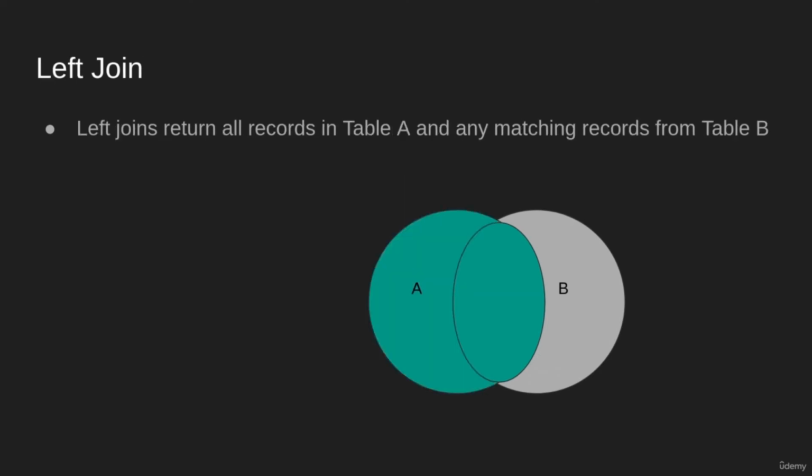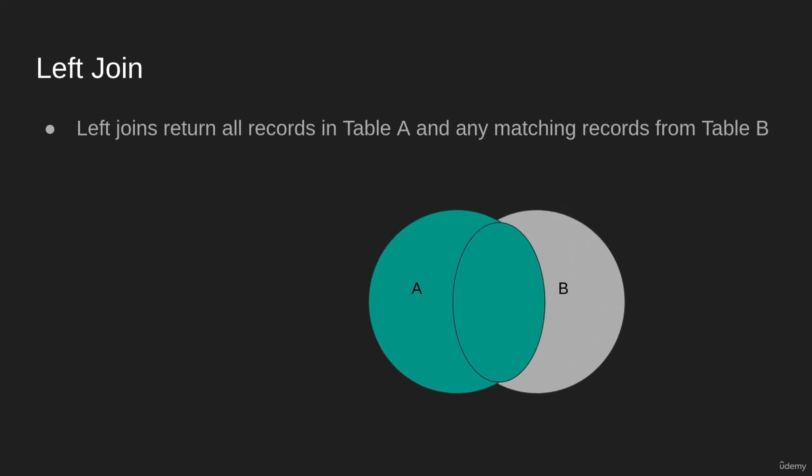Your left join, I want you to visualize this. Let's say, again, you're joining on a common attribute in these two tables, and you're basically going to get all the records from table A and any matching records from table B, right? Meaning that not everything in your result set is going to have every single record from table B, just the records that match table A. That is a left join.